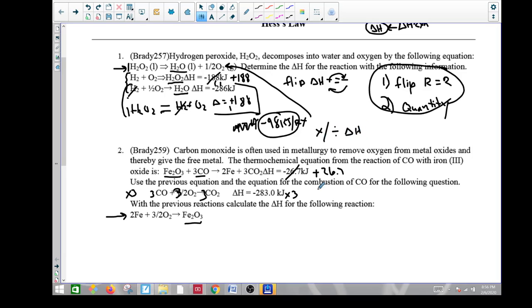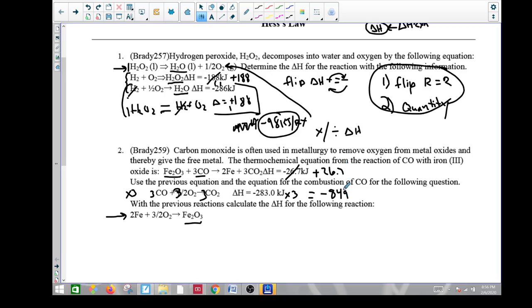Okay, so this is going to be 283 times 3. 283 times 3 equals a negative 849. All right, so we got a negative 849. Okay, so now I simply add these 2 up.